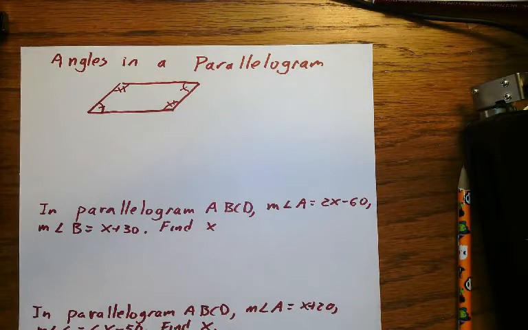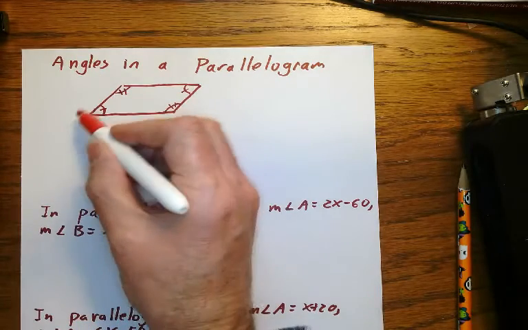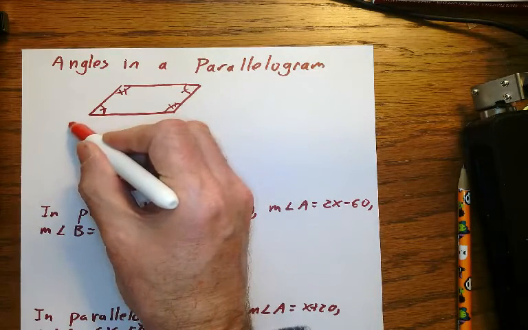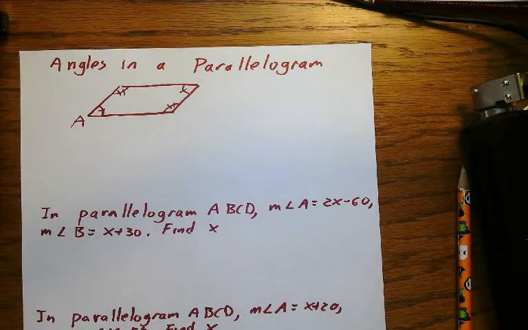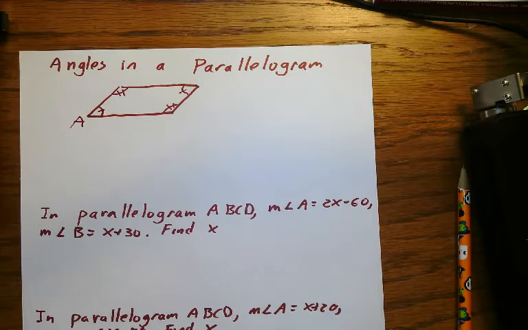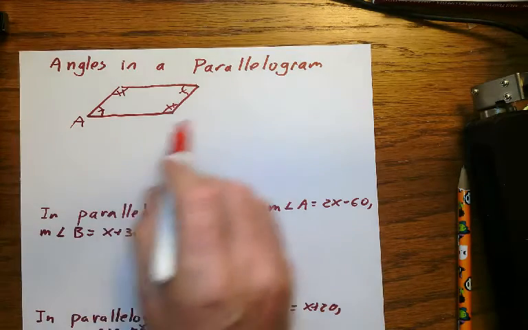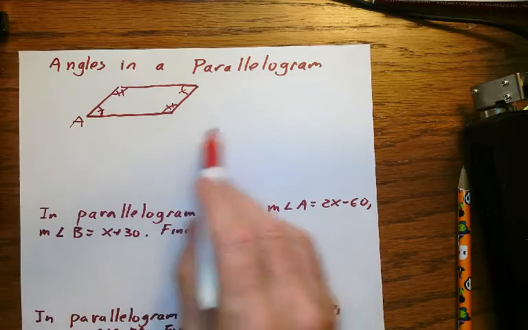Now, another key thing you need to know is when you label the parallelogram, it does matter. Unlike triangles, where you can put the letters wherever you wanted, here you have to do it a special way. Now let me call this parallelogram ABCD. I'm going to put the A there. You could really put the A wherever you want. But if I start there, now when I go B, C, D, I have to go around the vertices in order.